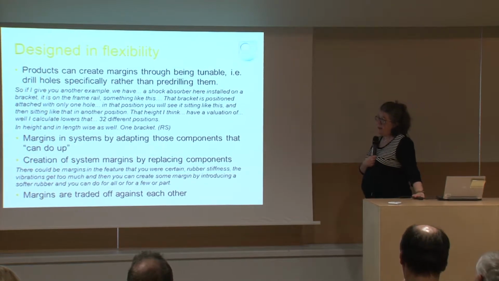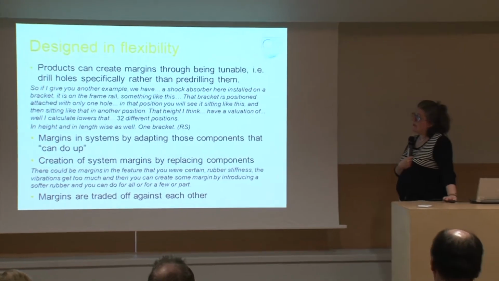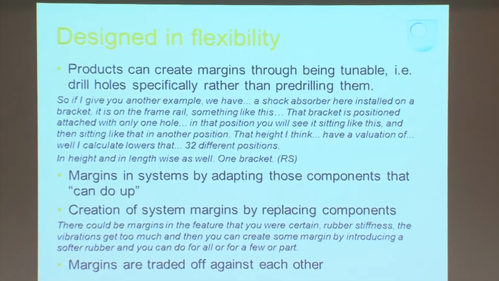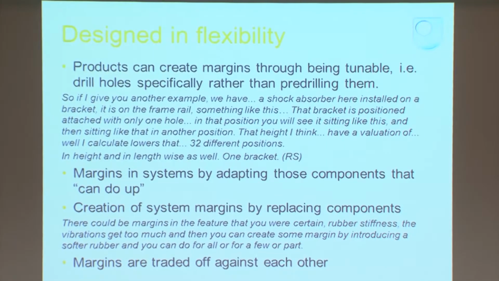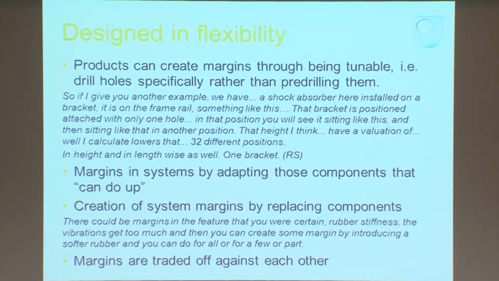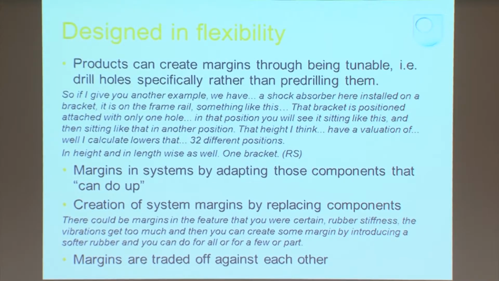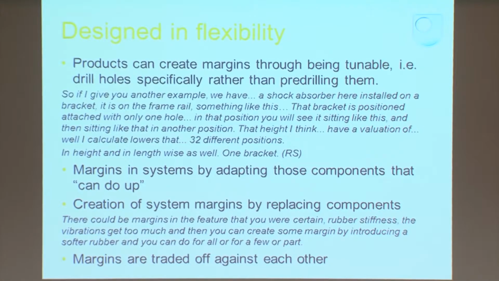But there is also another side of designing for flexibility that gives you margins that is much less straightforward, because margins is not just a property of a component, it's also a property of the relationship between different components.